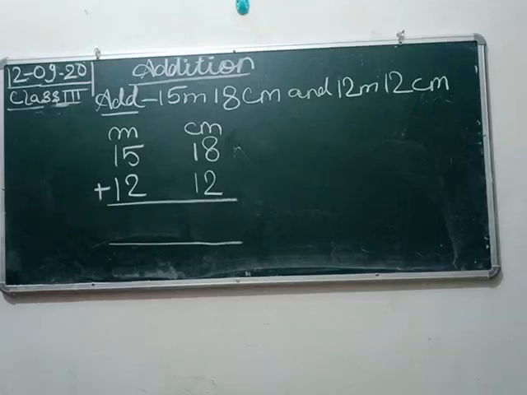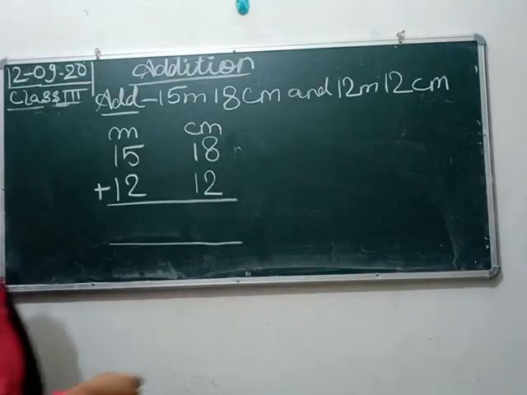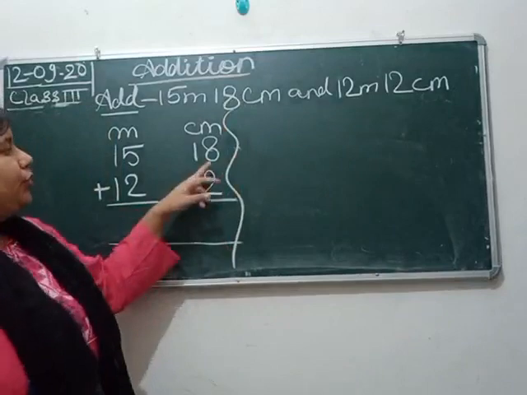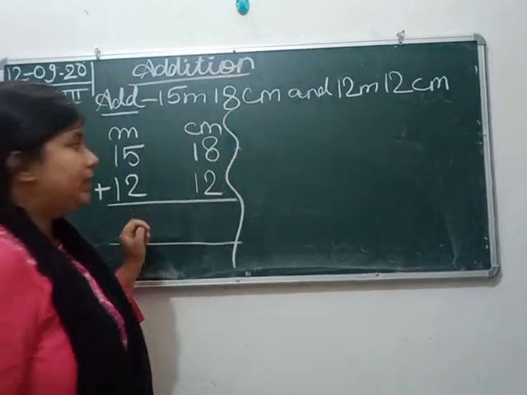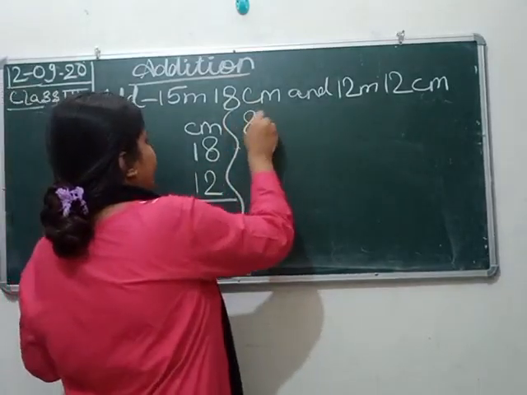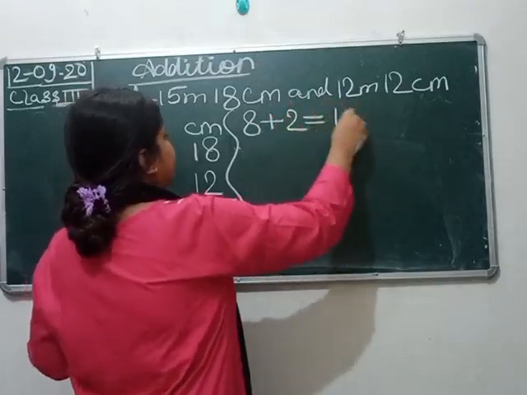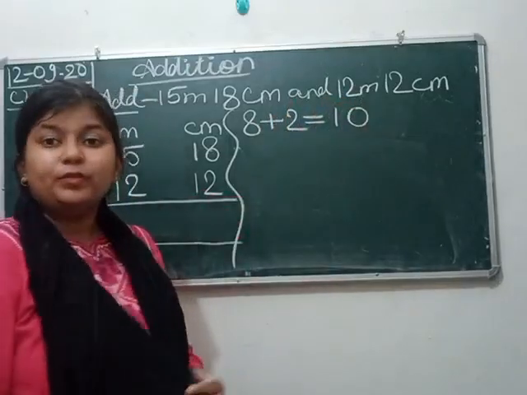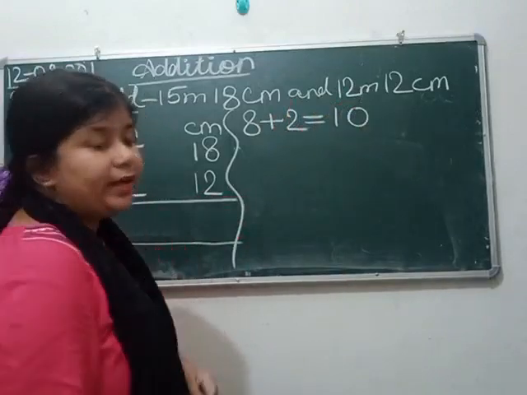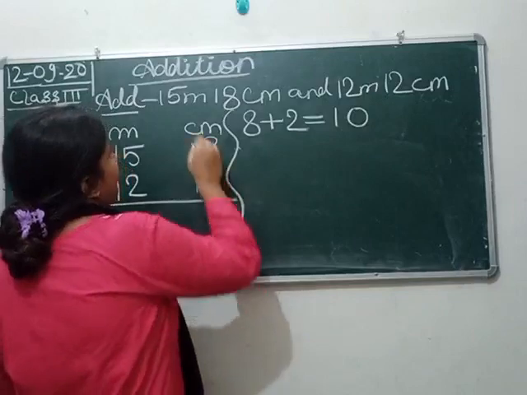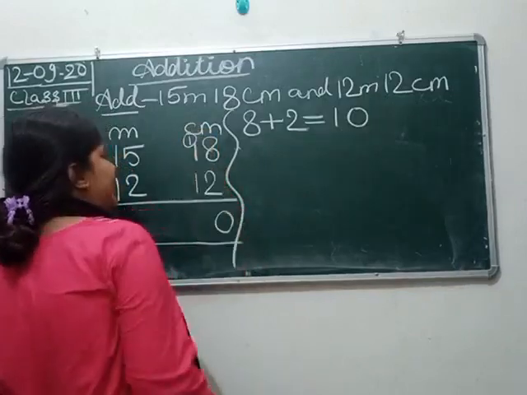Okay, let us do. We will start with the rightmost place, 8 plus 2. 8 plus 2 we will get 10. So for 10 we will write 0 here and we'll give carry 1 at the next place.